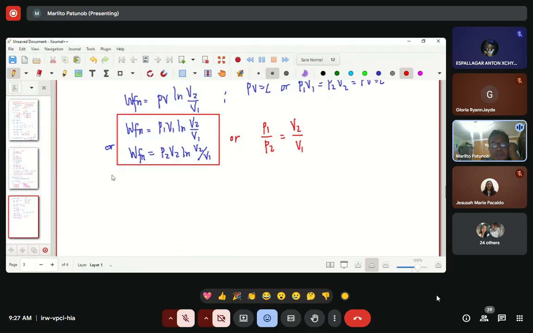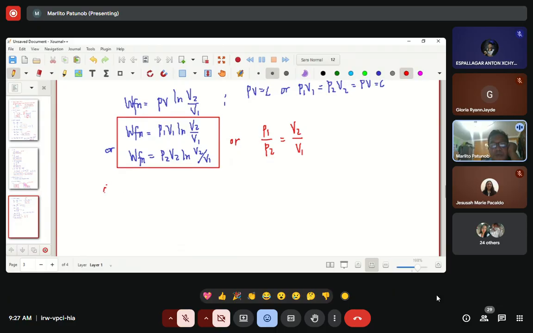So you can also make the equations. Your work non-flow can be P1 B1 ln of P1 over P2.